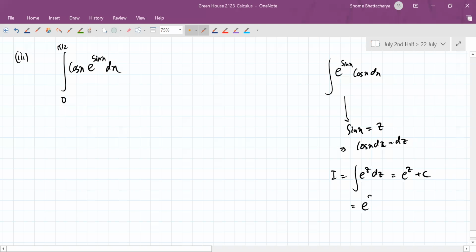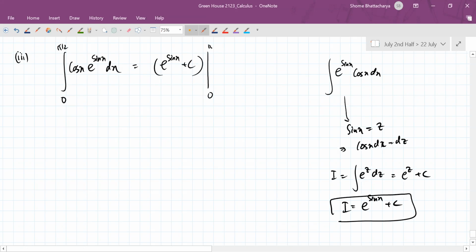So that is e raised power sin x plus c. So this is your indefinite function. Now on this antiderivative, we'll put the limits from 0 to pi by 2. So the upper limit is e raised power sin pi by 2, and the lower limit is e raised power sin 0. So that is e raised power 1 minus e raised power 0, which is e minus 1, approximately 1.7. So that is the value.